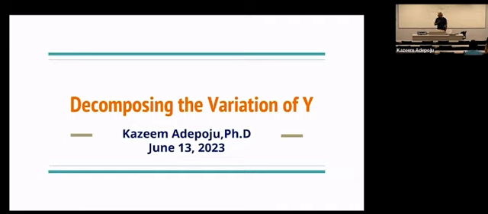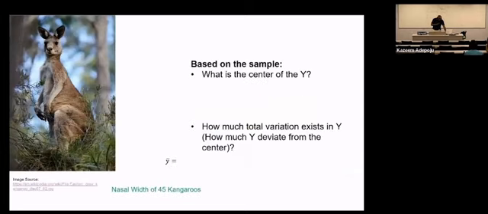Okay, and we actually want to know how much of the variation is explained by the independent variable and the one that cannot be explained.